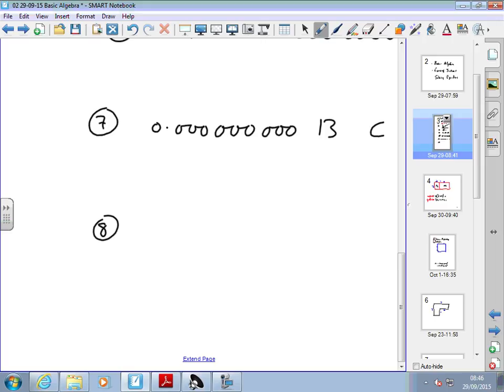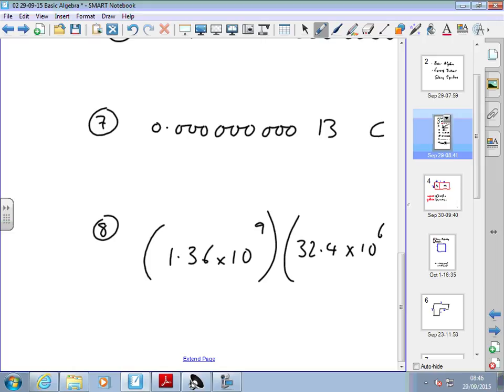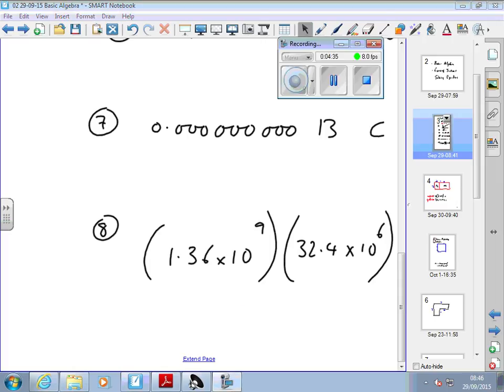Finally, here are 2 numbers. Using a calculator, find the answer to that, please. I'll pause the video there, so then if you're looking back at it, you can have a go at it if you use it for revision, and then look at the solutions.